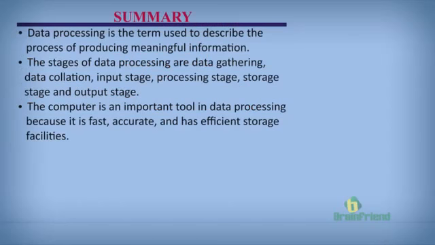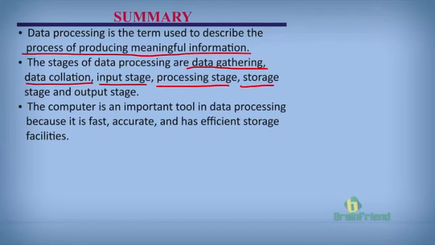Now let's summarize all we've learned today. We said data processing is a term used to describe the process of producing meaningful information. We also looked at the stages of data processing. The first stage is data gathering. The second stage is data collation. The third stage, the input stage.